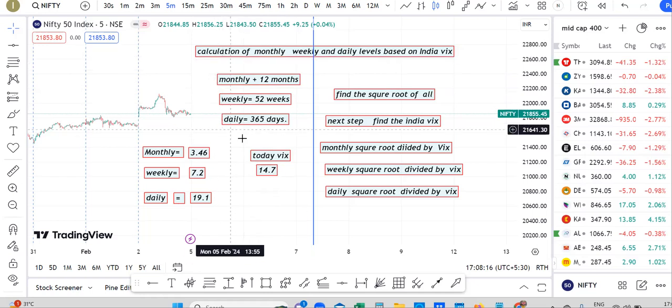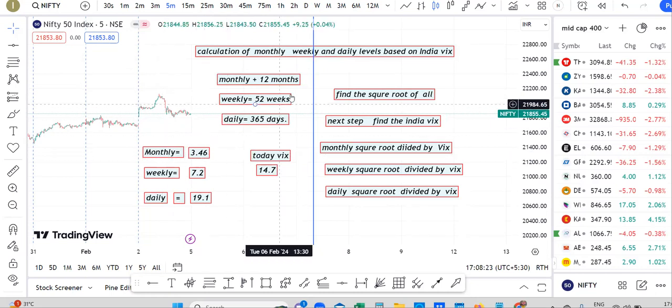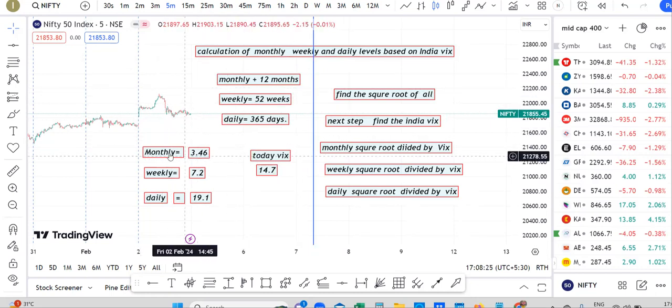What we are going to do is, first, for monthly calculation, we are going to calculate the square root of the 12 months. That comes to 3.46. You note down, you write down, and you can calculate also on your own.